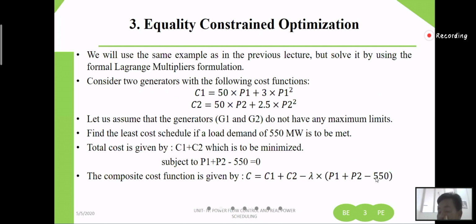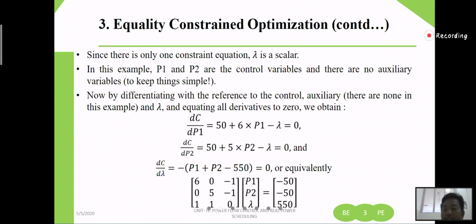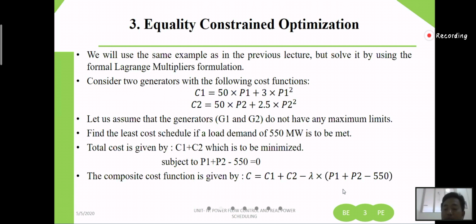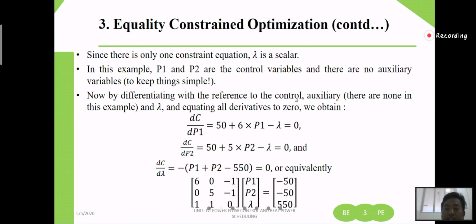Auxiliary variables X are what we usually consider for voltage, power factor and so on, but here we are not bothered about that. To keep things simple, just P1 and P2 are control variables, no auxiliary.